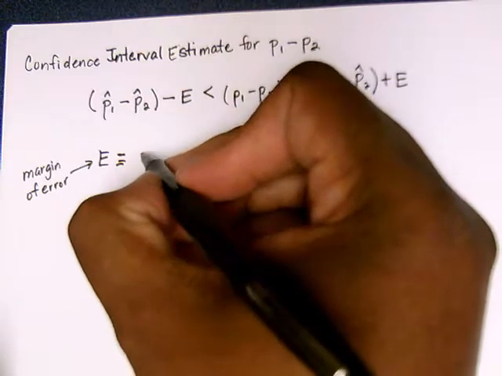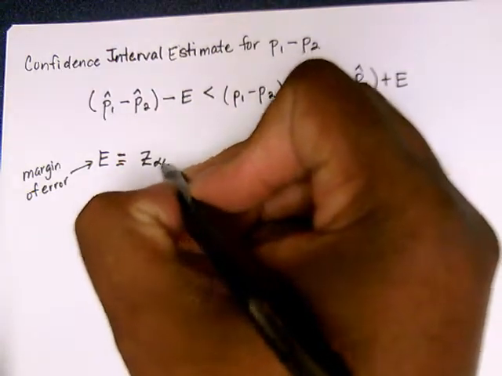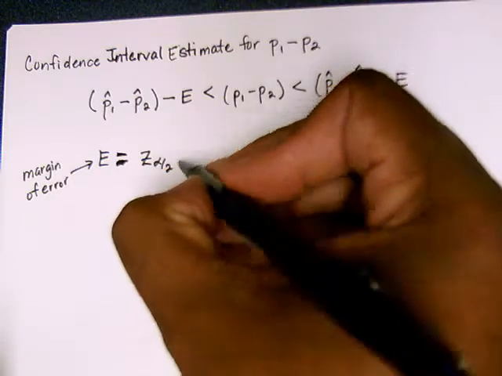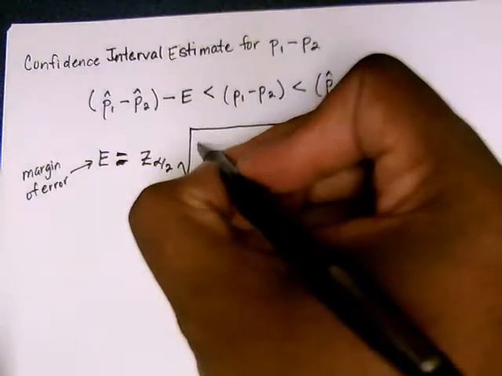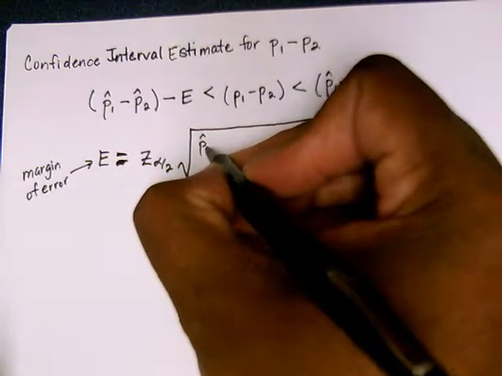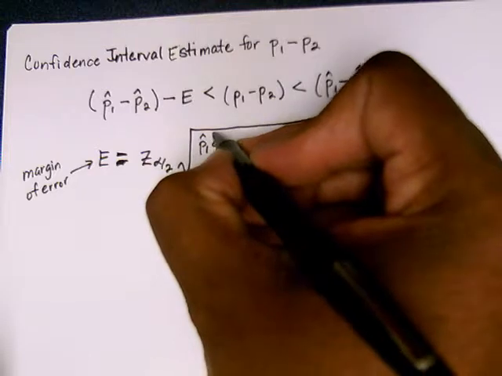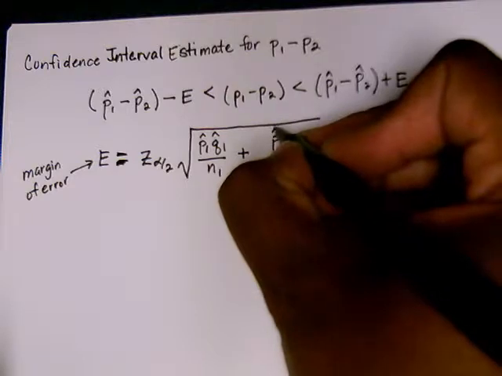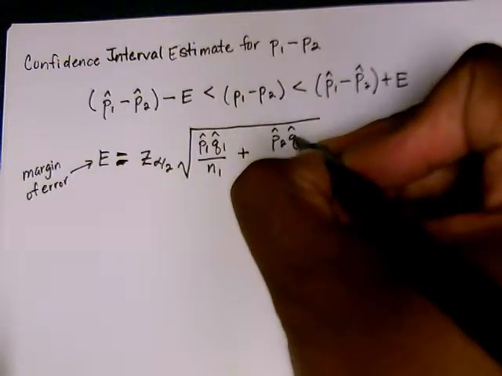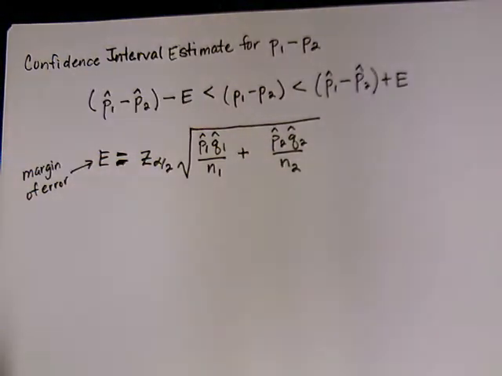That's going to be equal to this: Z of alpha over 2, which is the critical Z value, multiplied by the square root of P1 hat times Q1 hat, all divided by N1, plus P2 hat times Q2 hat, all divided by N2. Okay, now these are separate from each other here, underneath the square root symbol. Okay, so that's going to be the margin of error.